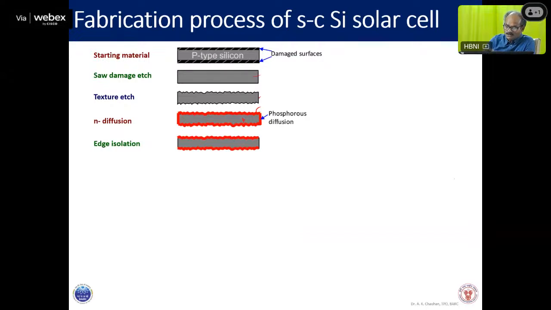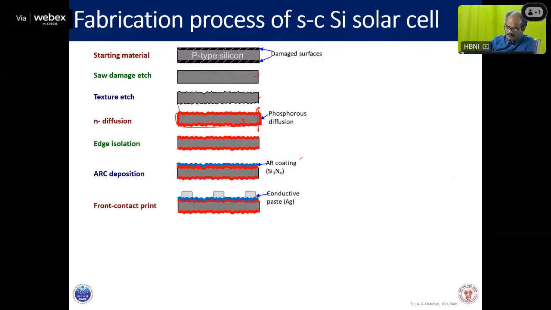Now what should we do? See, this entire thing is actually connected, so this connection has to be removed first. So first we cut this part. We have cut this diffused part, so we remove that. Then the anti-reflection coating is deposited over that, and afterwards the conductive connections are made.